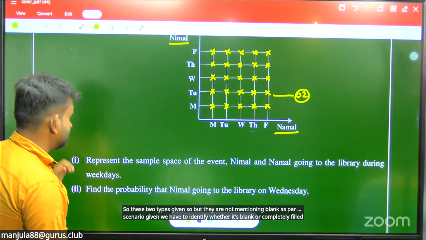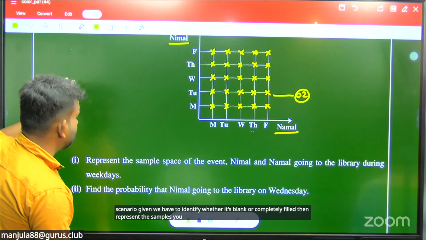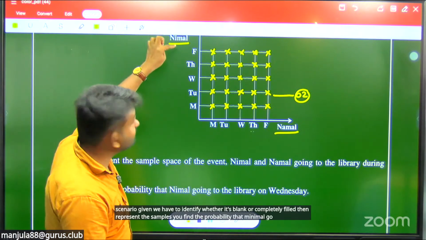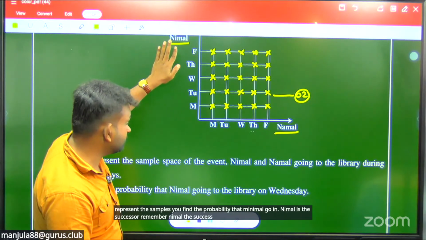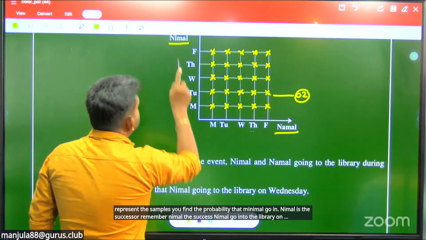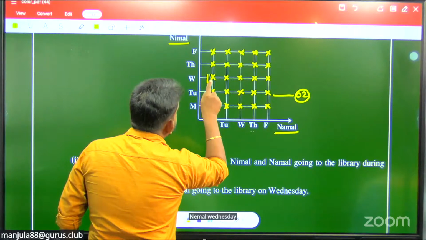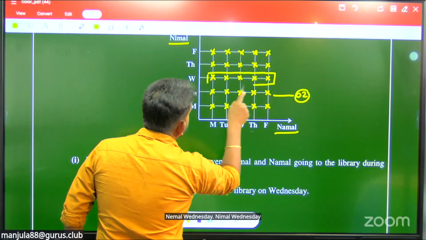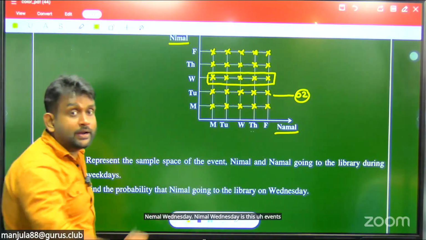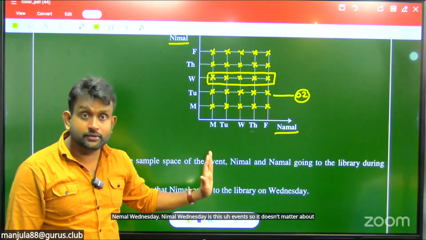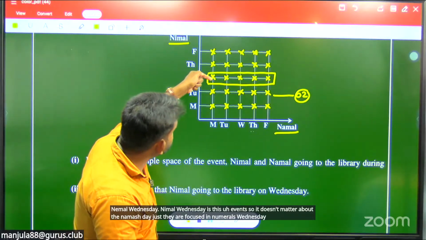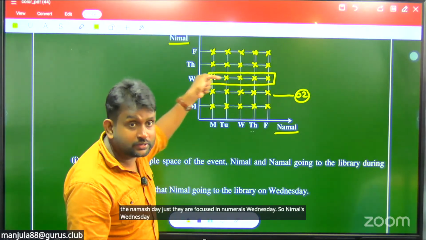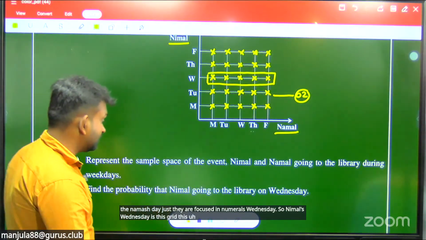Then represent the sample space. Find the probability that Nimal goes to the library on Wednesday. Remember, Nimal is this axis. Nimal Wednesday is this event, so it doesn't matter about Namal's day. They are just focusing on Nimal's Wednesday, which is this row of points.